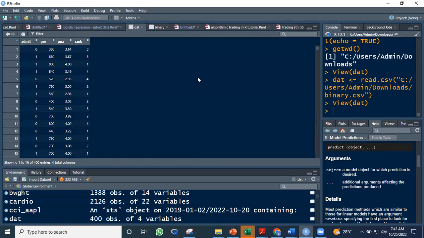Okay, there. So this is our data: admit, GRE, GPA, and rank. So there are 4 variables here and 408 entries.